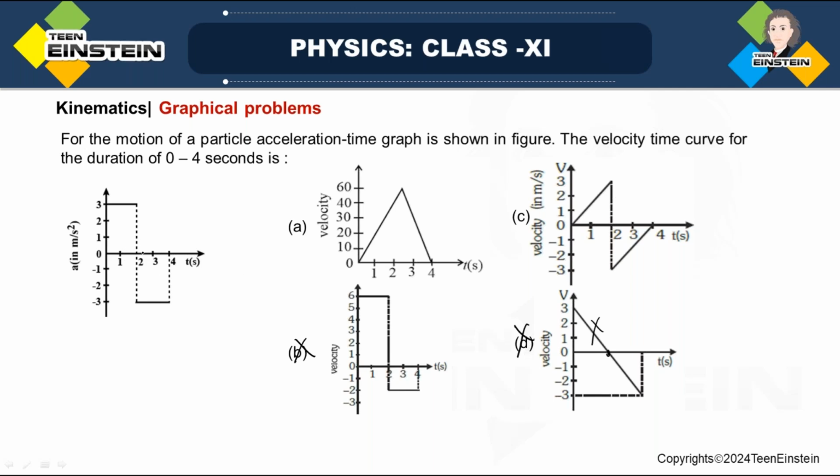When the acceleration is going through 0, after this 2 seconds it will actually start decreasing the velocity. So velocity decreases, and it will eventually go to 0 at 4 seconds, because at 4 second acceleration is again not there. I'm sorry, actually velocity will become 0 because the deceleration is there.